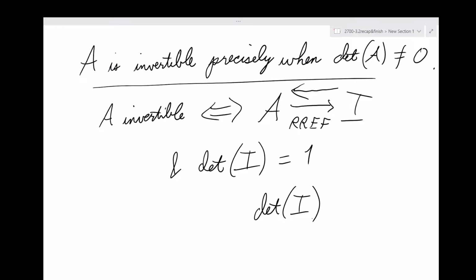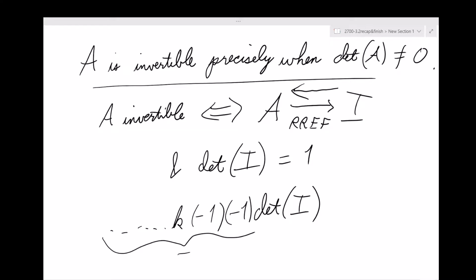Every time I switch rows, I would get maybe some negatives popping out. And every time I scale a row, I would just take that same scalar and multiply it on. And we can't scale a row by 0, we scale by non-zero numbers. So all these numbers I would end up getting are not 0. So that means that A's determinant would not be 0.